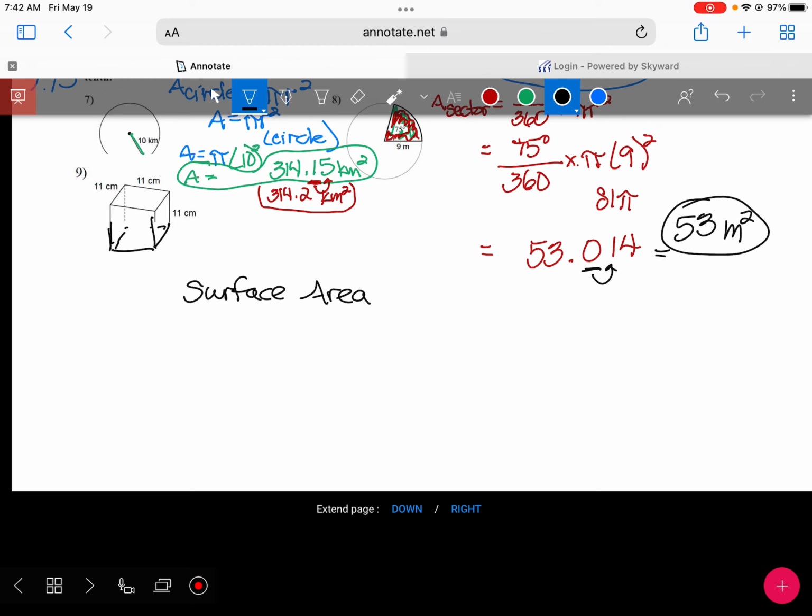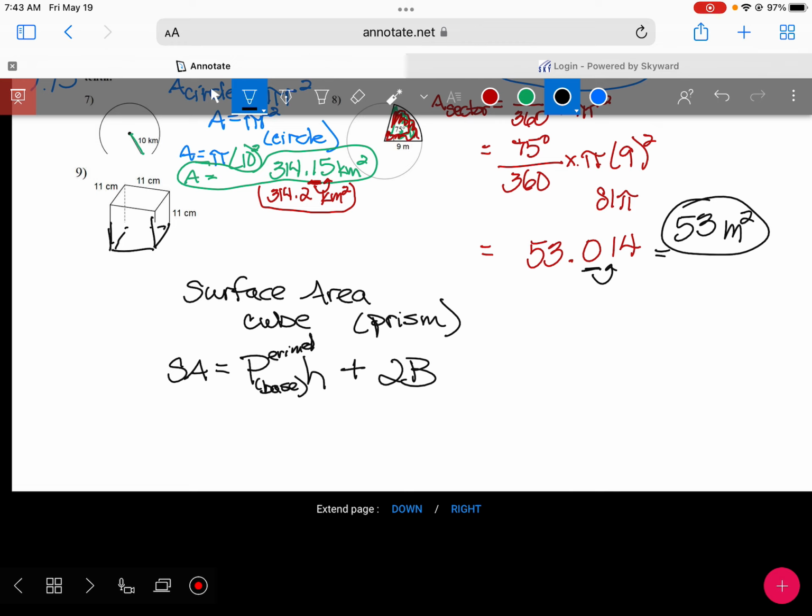So, surface area, this is a prism. Specifically, it is a cube, okay? When you talk about surface area of a prism, you are going to take the perimeter of your base times the height, plus the 2 area of the bases.